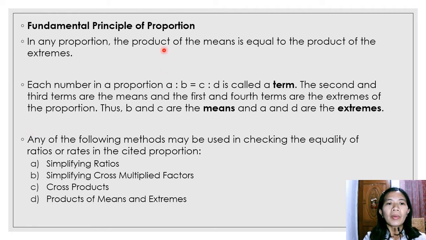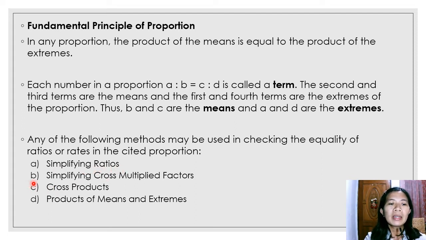Remember, in a proportion, the product of the means is equal to the product of the extremes. Now, any of the following methods may be used in checking the equality of ratios or rates in the cited proportion. Letter A, simplifying ratios.